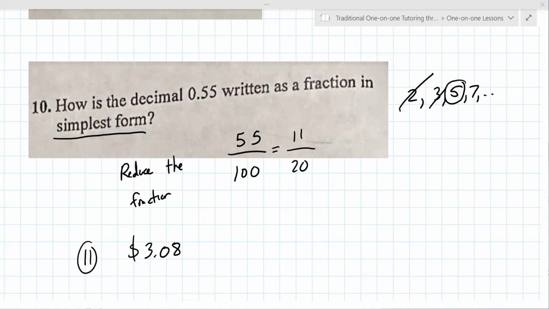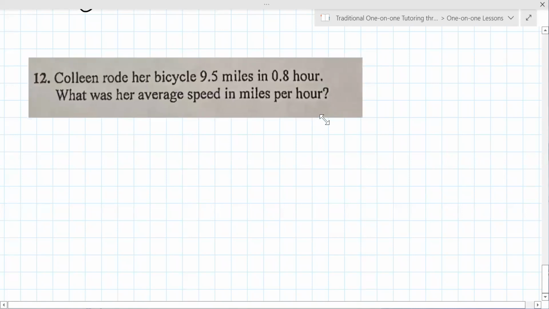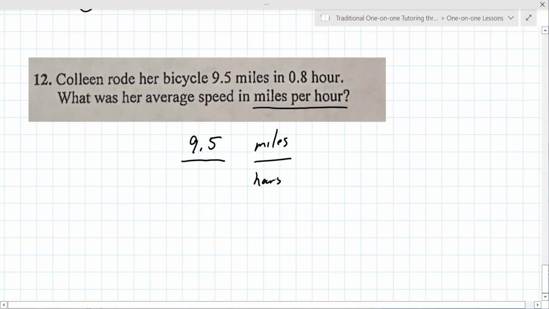Okay, so let's take a look at number 12. Colleen rode her bicycle 9.5 miles in 0.8 hours. What was her average speed in miles per hour? Okay, I'm back. You take your miles up top, and how many hours did she ride? 0.8.